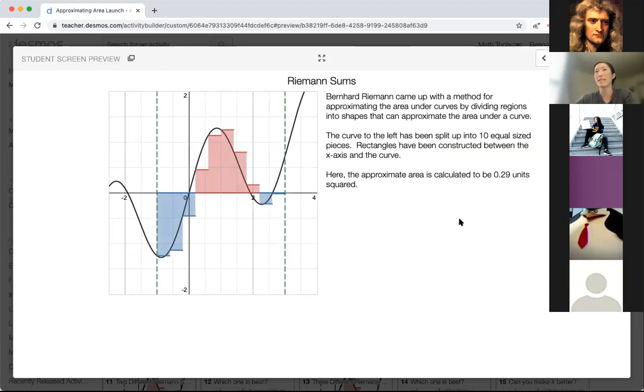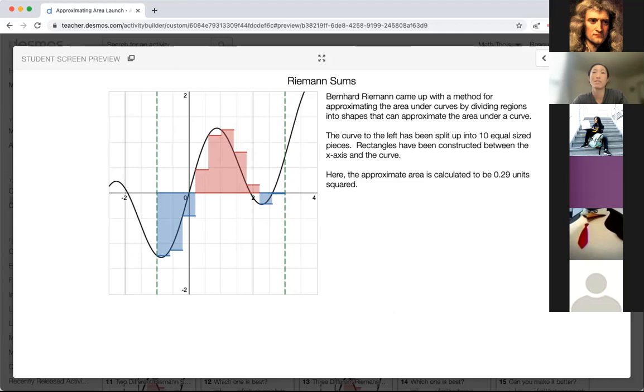Once upon a time, there was a man, last name Riemann. Okay, he is quite famous in the calculus world. You will occasionally hear this phrase, Riemann sums. Okay, Riemann sums. Now, Riemann sums really just mean find a bunch of rectangles.